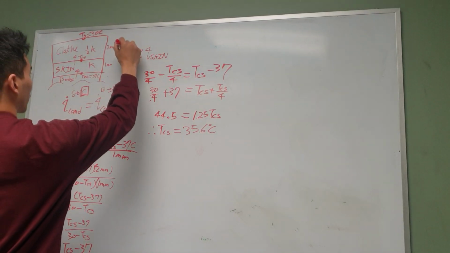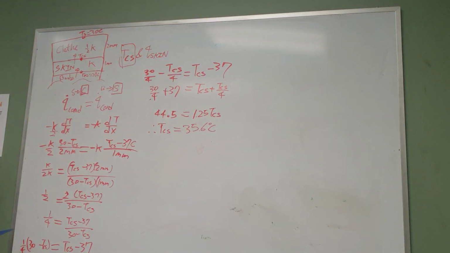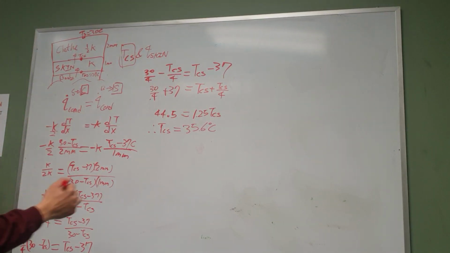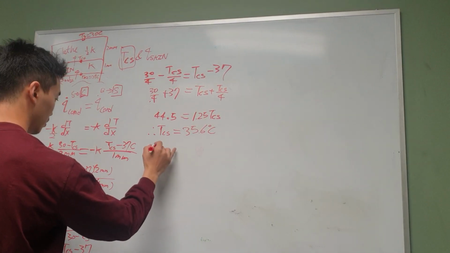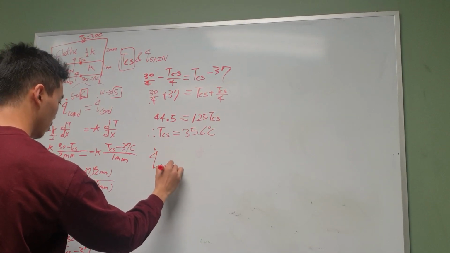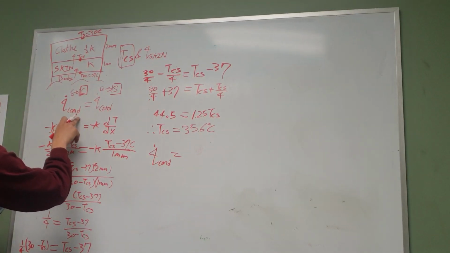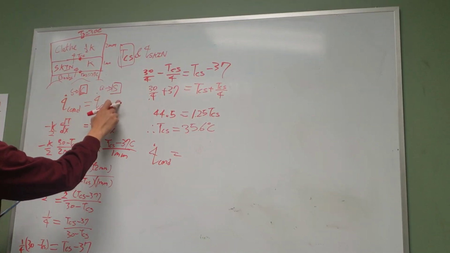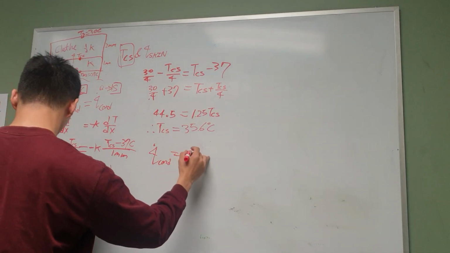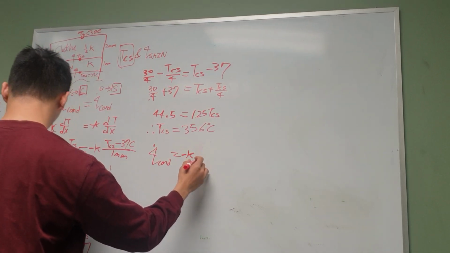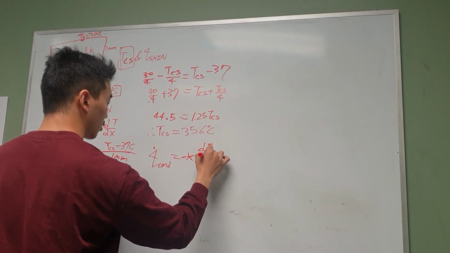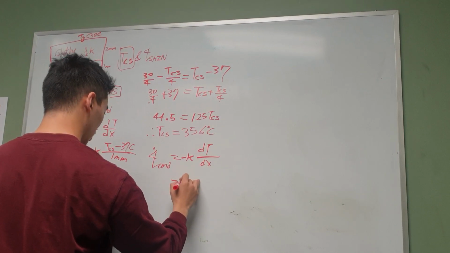So we've gotten this first one. So what is the heat flux, the new heat flux of the skin? It's very simple. You can use either the heat flux through the clothing or through the skin. It's going to be K dT over dx again.